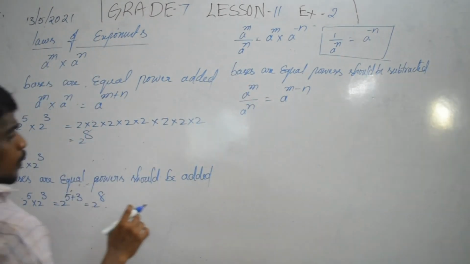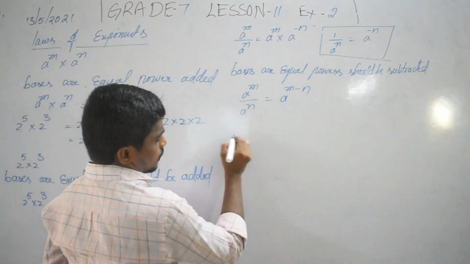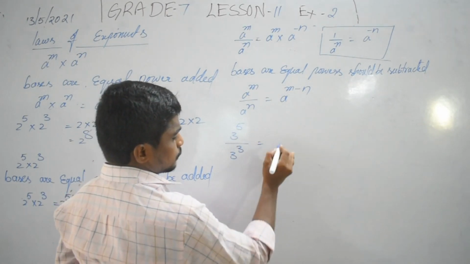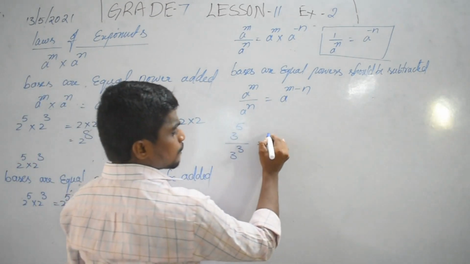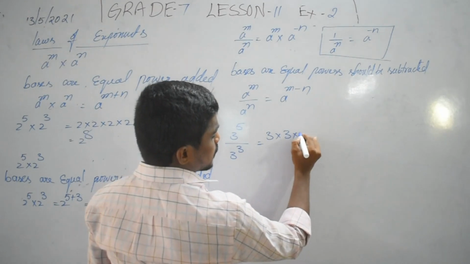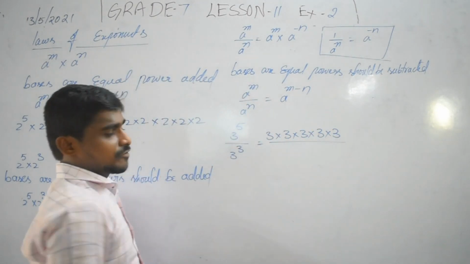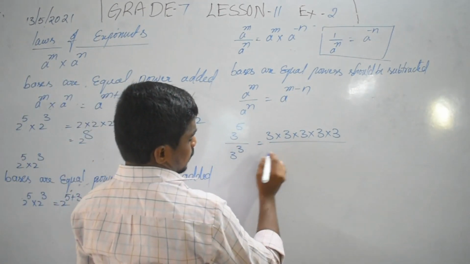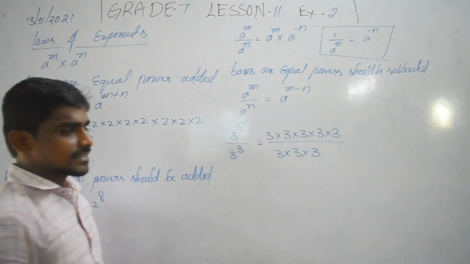Next, one example problem. Normally we check using the laws. Here 3 power 5 by 3 power 3. Normally, how to write 3 power 5? 3 multiplied 5 times, because the power is 5. And 3 cube, 3 power 3, is 3 multiplied 3 times, because the power is 3.